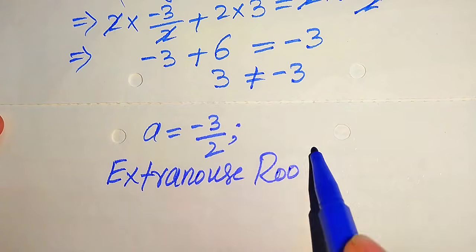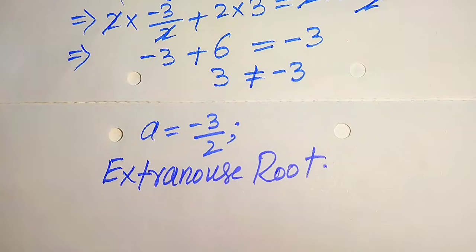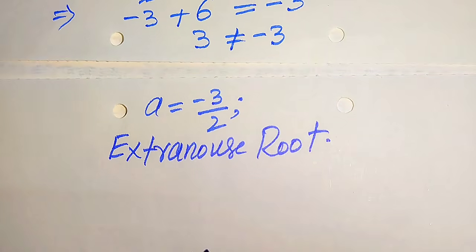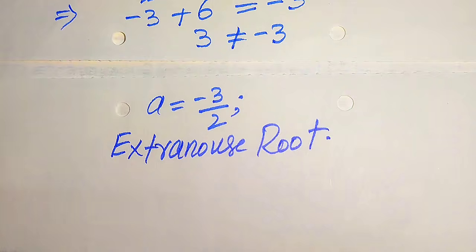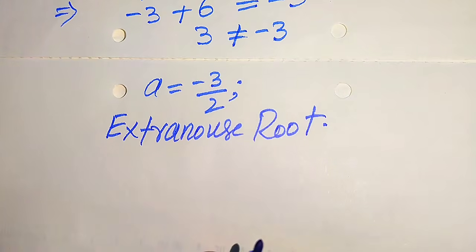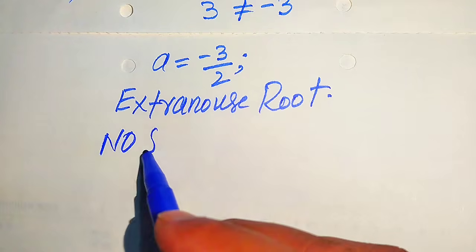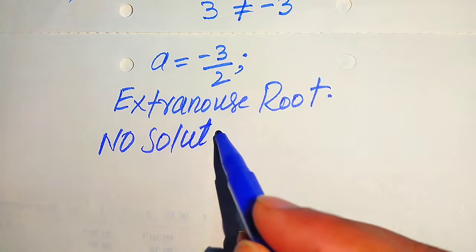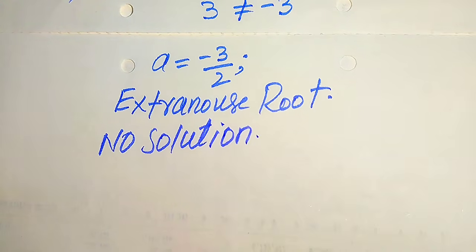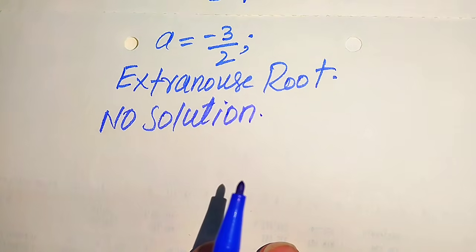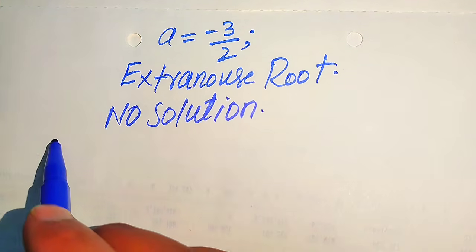It is the extraneous root because it does not satisfy our given question statement. Further, in the next step, we conclude about the solution set of this problem, and finally conclude that this question has no solution because we cannot get any value of a which satisfies our given question statement. This is the final conclusion about the solution set of this problem.